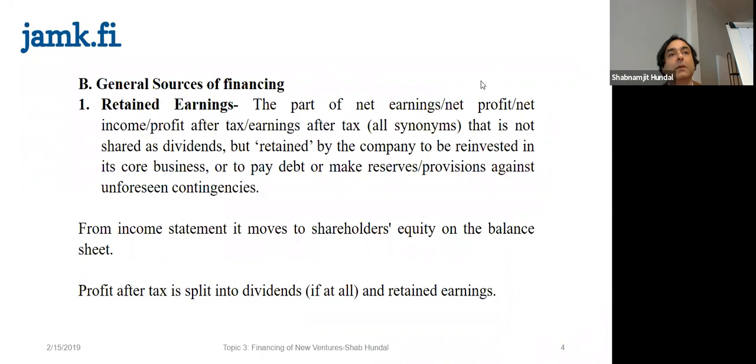Remember, when a company has its total revenue, you minus operating cost, and that leaves you a profit.